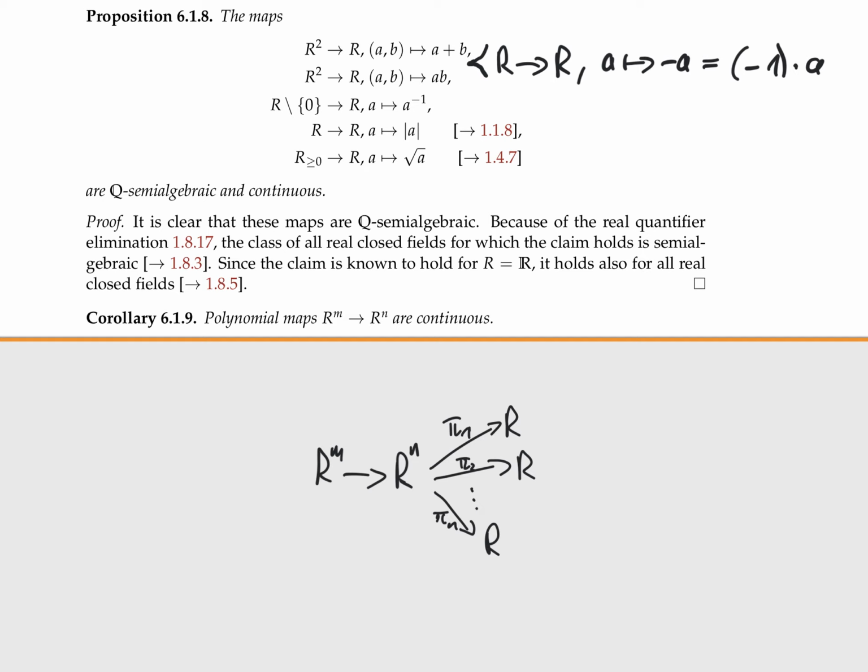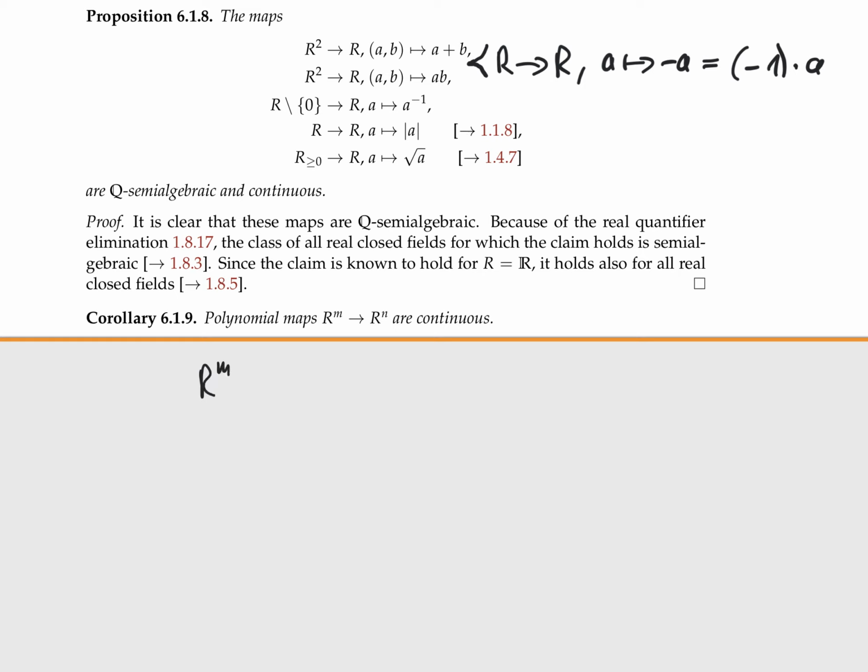Okay, and everything boils down to showing that maps represented by polynomials are continuous. So polynomial maps from R^m to R, right? So I have immediately reduced to the case where n is 1.